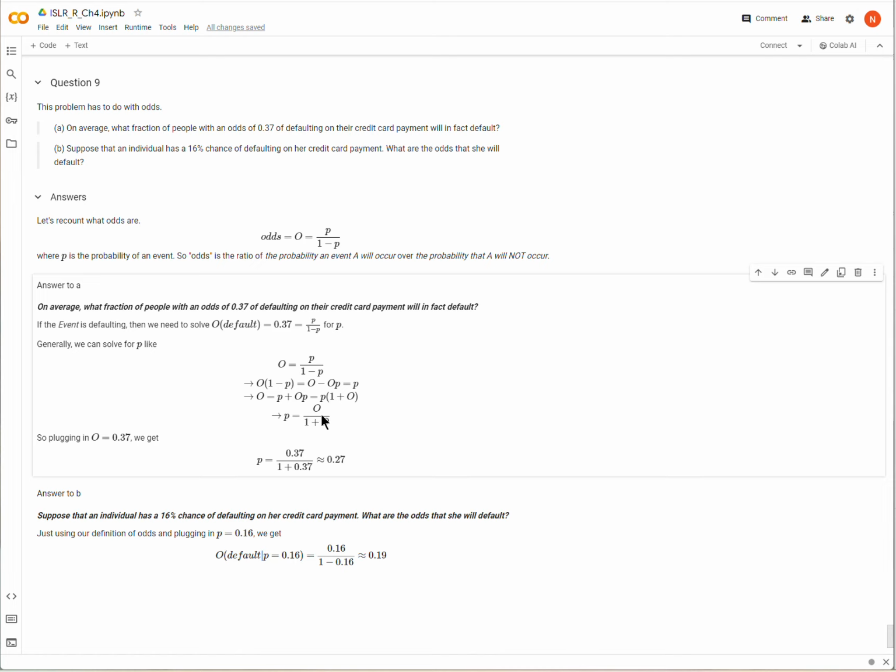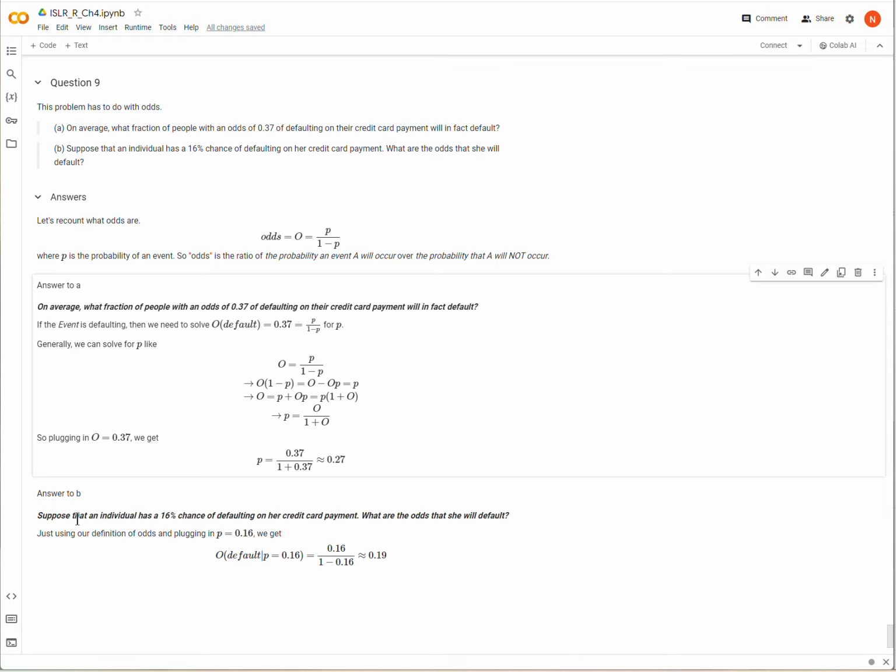And this is just the generic formula. So we can just plug in 0.37 to our generic formula, and we get about 27%. So stated from the top, somebody with odds of defaulting of 0.37 translates to a probability of 27% that they will default.